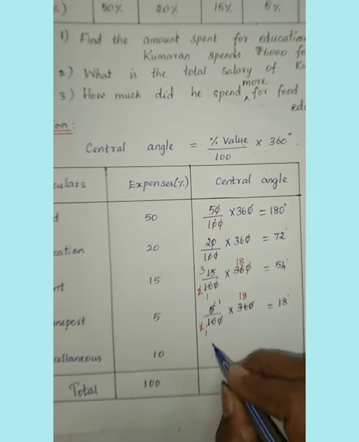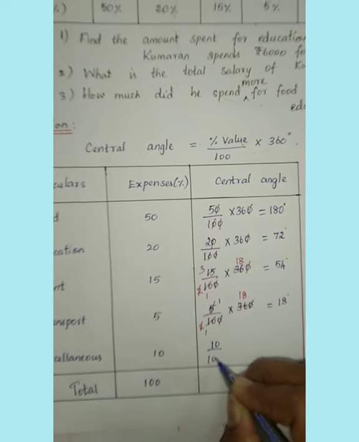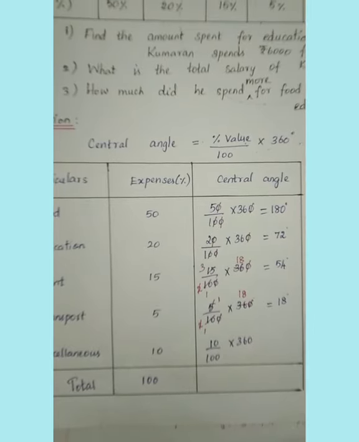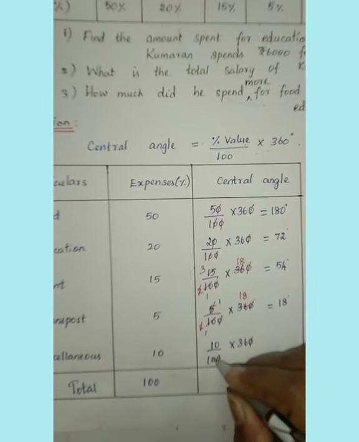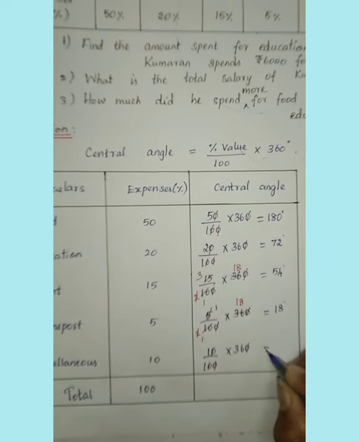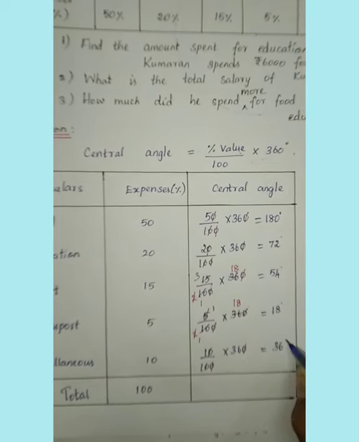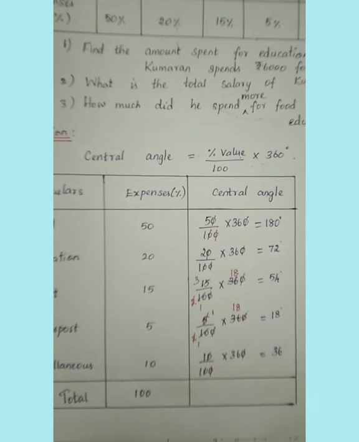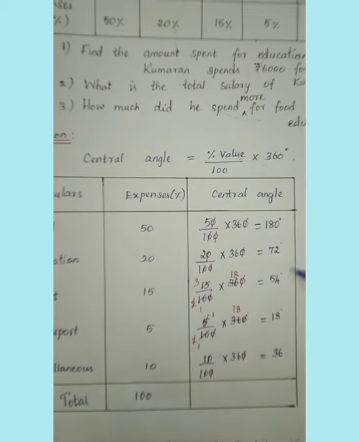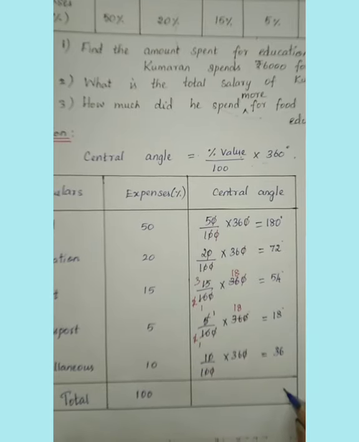Then the last, 10 by 100 into 360. So we can cancel 0. So the angle is 36 degree.